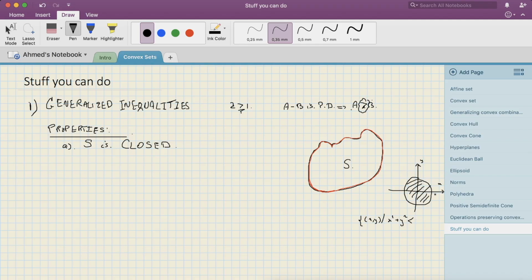Let's say it's a unit circle, so less than 1 squared, which is 1, right? Well, if you want this set to be closed, then it should contain the boundary. And the boundary is nothing other than the circle x squared plus y squared is equal to 1, right? So this should be included in that set S. Well, how do you express that mathematically? Well, you could just say I want this and this, or you could say it's less than or equal, right? In that sense, you include the boundary. The set S is said to be closed.